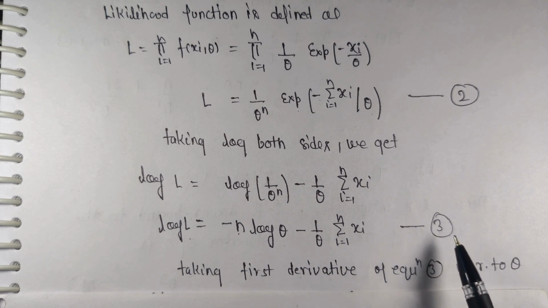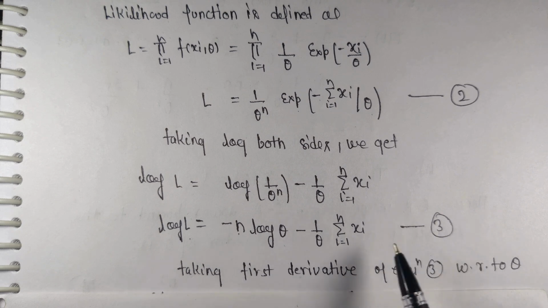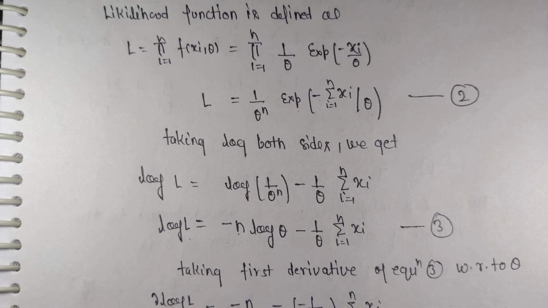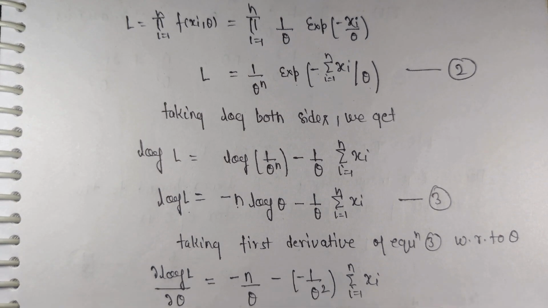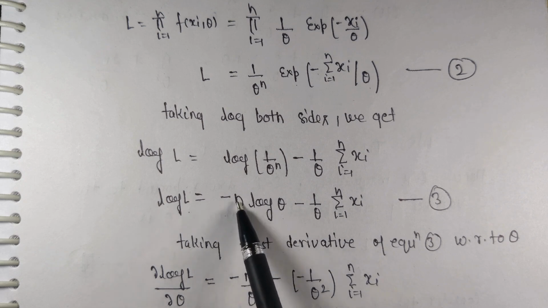Okay, then as I have already mentioned in my previous lecture, how we can find the minimum variance bound estimator of theta and how we can compare the variance. So we are following the same procedure here. Now you can see here, taking the first derivative of equation number 3 with respect to theta, del log L by del theta is equal to, the derivative of the first term, n is a constant term and the derivative of log theta is 1 upon theta.